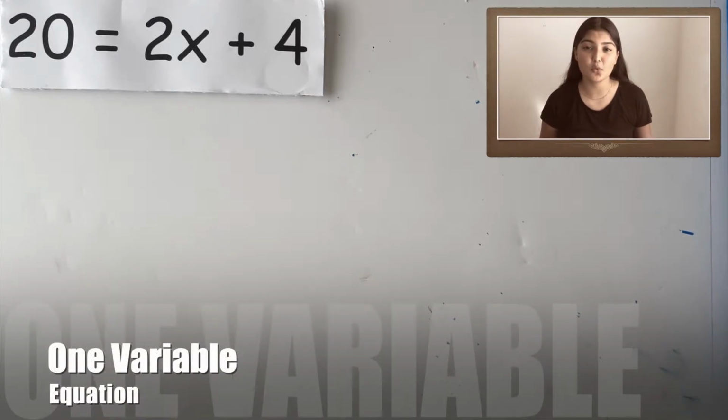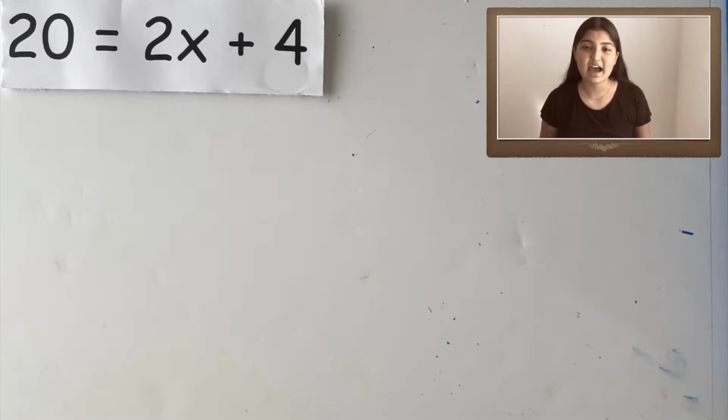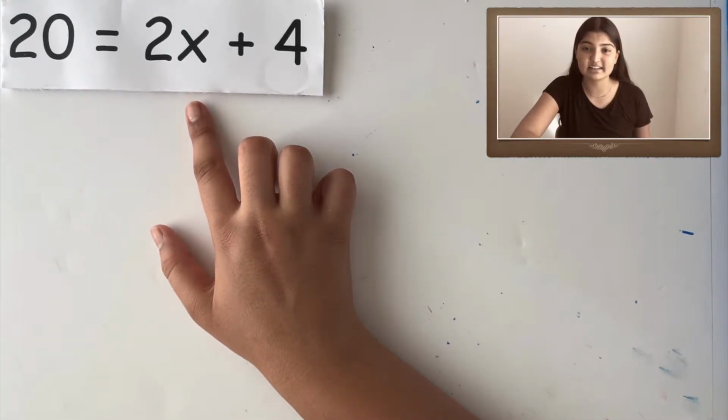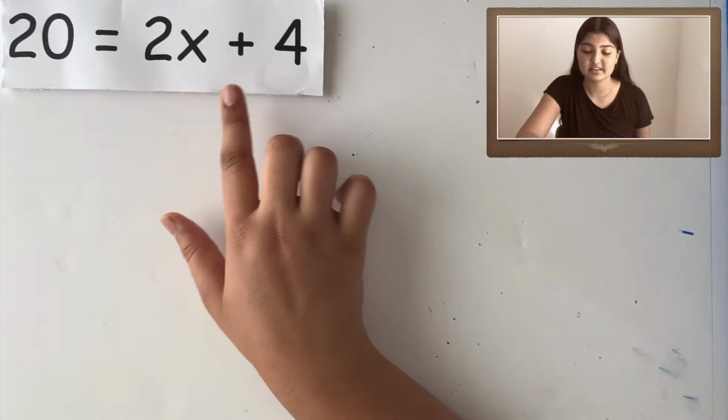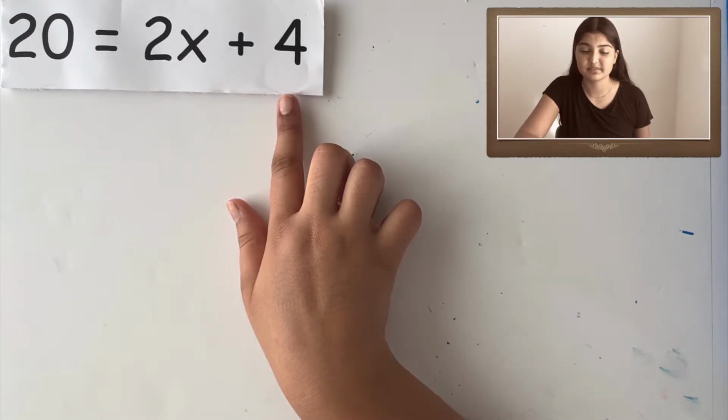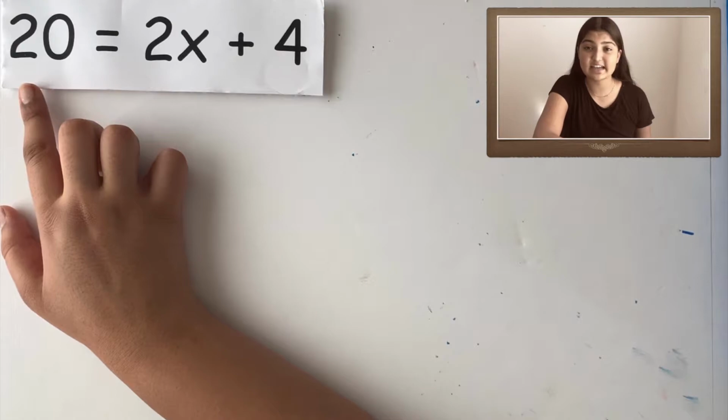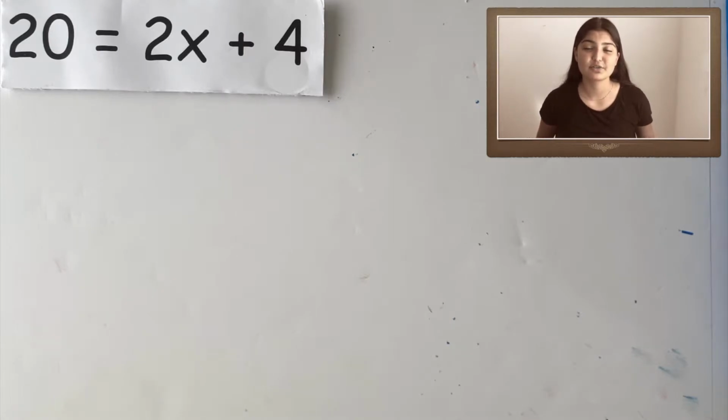Here is a one-variable equation. Now, this equation may look a little strange, since on the right side, we have a variable term and a constant. And on the left side, we have another constant. But let's start with the first step to solving an equation.